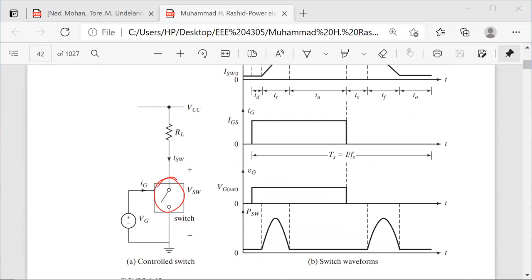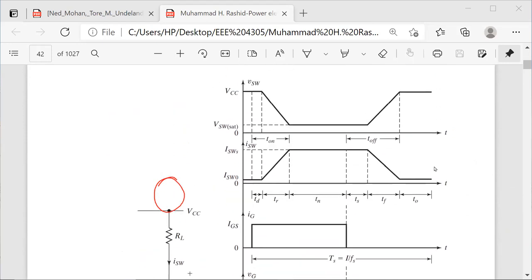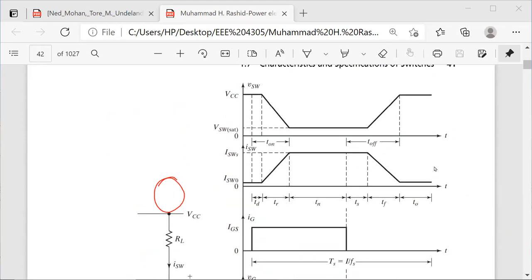When it works as an ideal switch and it is turned on, the voltage should go to 0. This is the VCC, the switch was off, so the voltage across the switch is VCC. But when it is turned on, it will go to 0 voltage. Actually, it should go to 0 voltage.